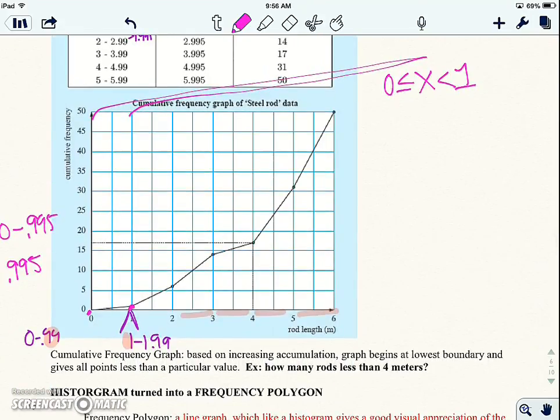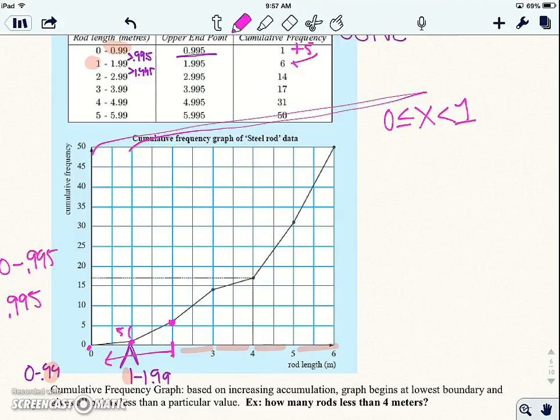And so this at 2, it says we have 6 rods that are 2 or less because we had the 1 plus the 5. And then at 3 meters, we have 14 rods that are 3 meters or less. And then we have 17 rods that are 4 meters or less. 31 rods that are 5 meters or less. And all 50 rods are 6 meters or less.